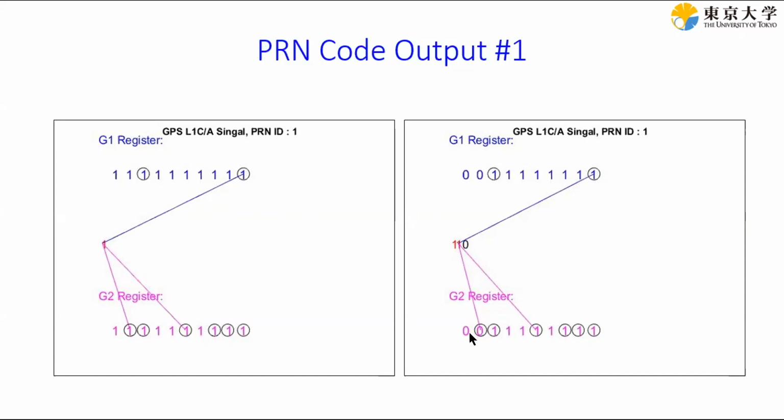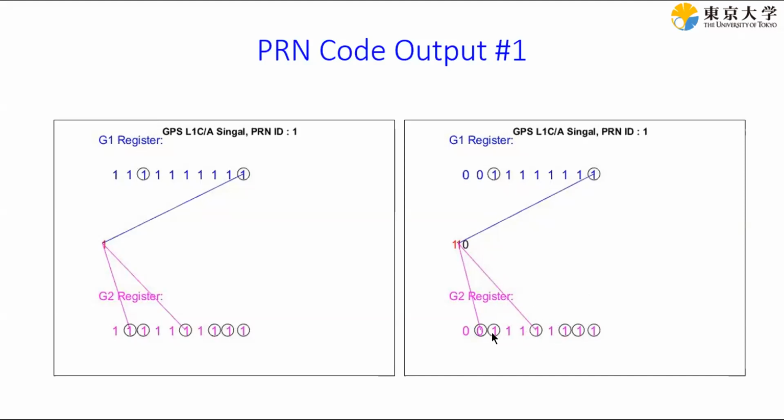So we see here, for example, in this case, 0 and 1 exclusive OR is 1. Then we take 0, 0, 1 is 1, 1, 1 is 0, 0, 1 is 1. So we do this type of exclusive OR for each of these.